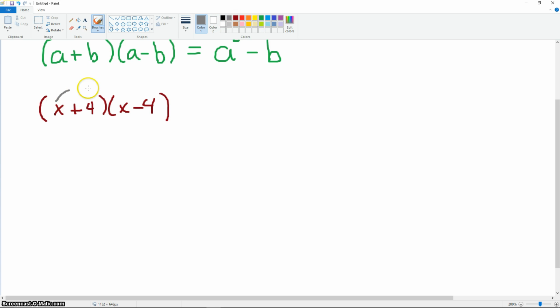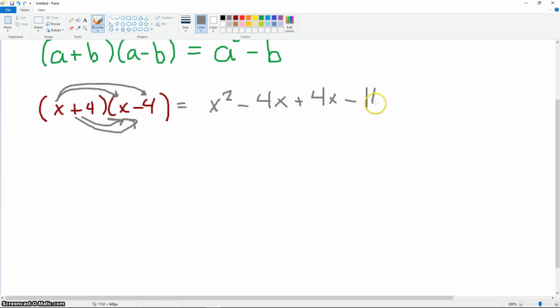So if you do the FOIL concept, you end up getting x squared, negative 4x, positive 4x, and then a negative 16. Okay, and then if we combine like terms, we notice that our two middle terms cancel out, so we're left with x squared minus 16.